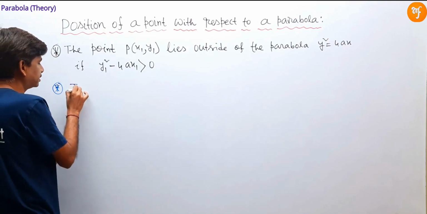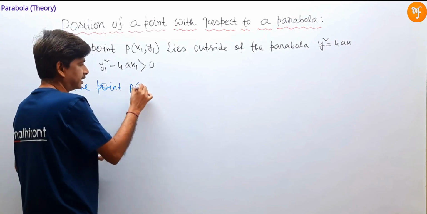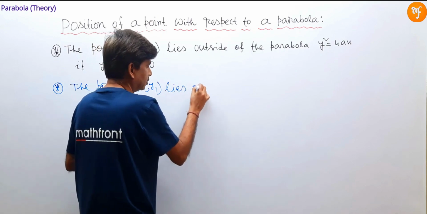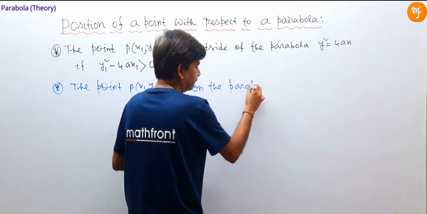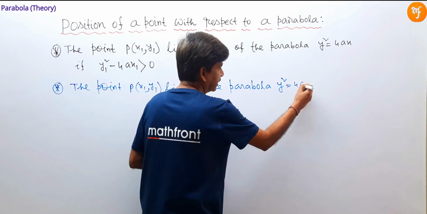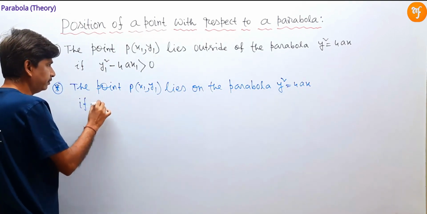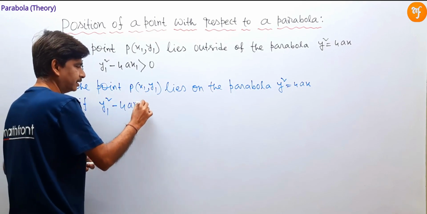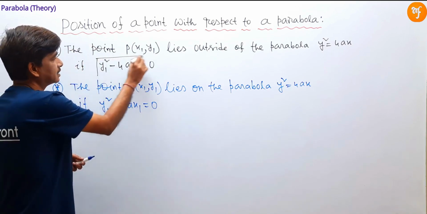So the point P, that is x1, y1, lies on the parabola y square is equal to 4ax. The condition in this case is if y1 square minus 4ax1 is equal to 0.